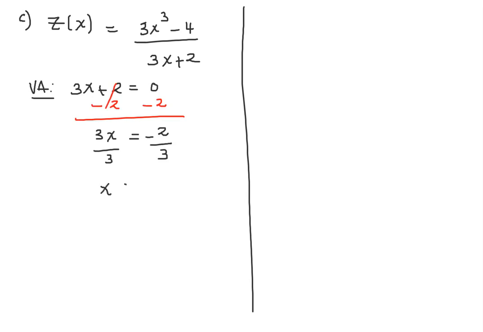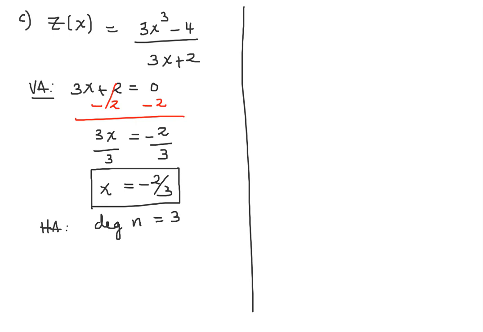So x equals negative 2/3 is the vertical asymptote. The horizontal asymptote: the degree of the numerator, which is n, is 3 and m is 1 because there's no power. And if n is greater than m, there is no horizontal asymptote.